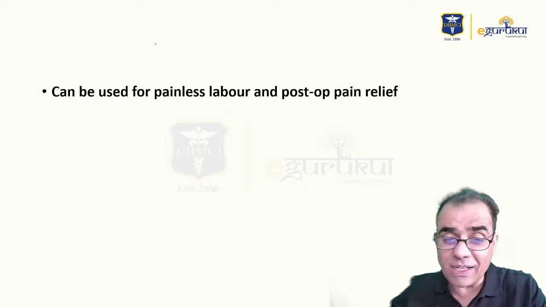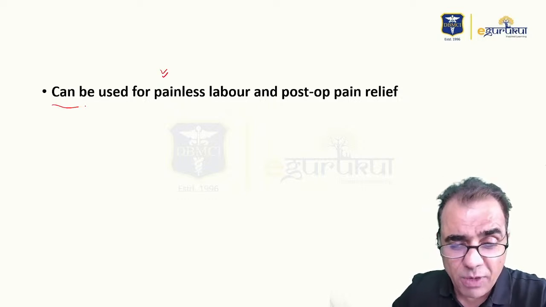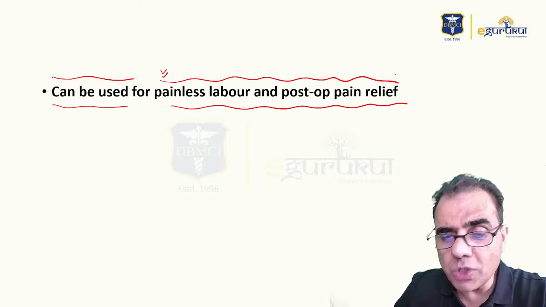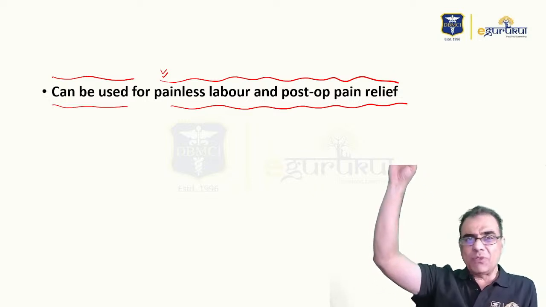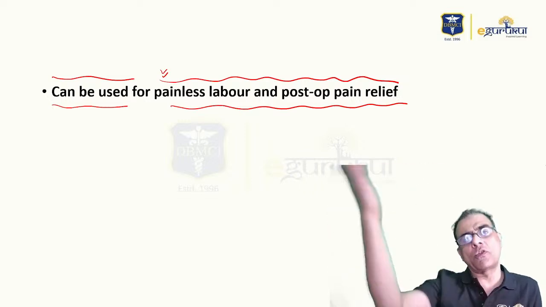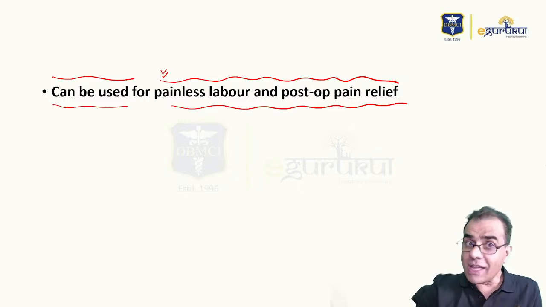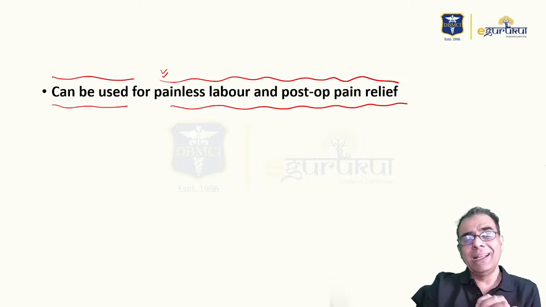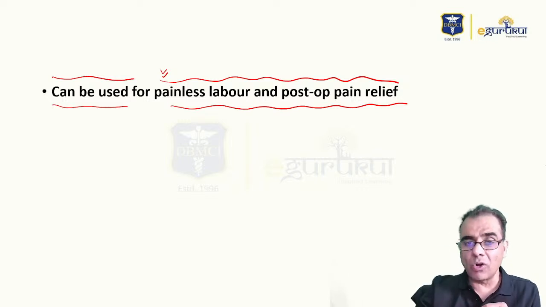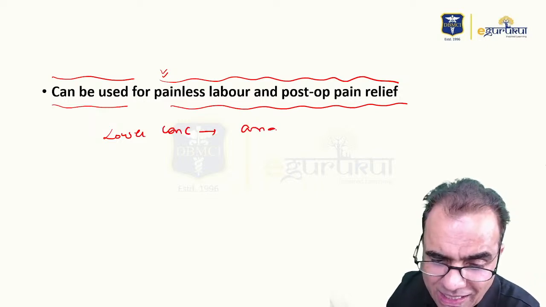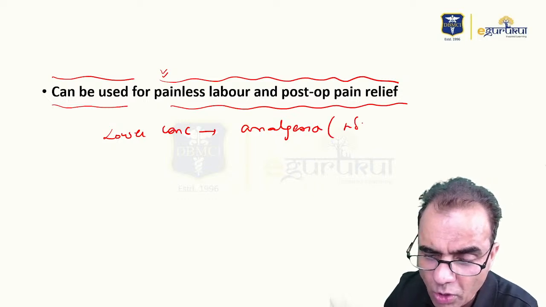Now, another use of bupivacaine is painless labor and post-operative analgesia. There we place a catheter in the epidural space, and through that catheter we keep giving a continuous infusion of drug for hours or days. For that we use bupivacaine, because it has a unique property: at lower concentration it will not cause paralysis, it only produces analgesia, no motor block, and that's what we want.